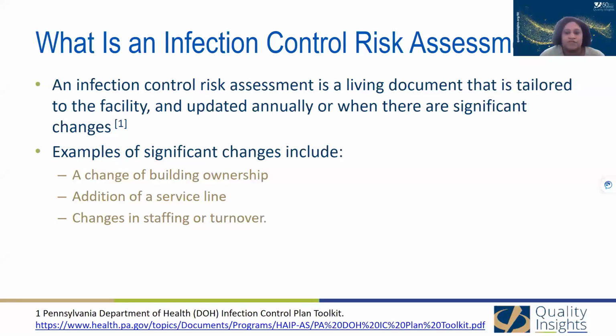So the infection control risk assessment is a living document within your infection control program that is tailored to your facility. It's updated annually or whenever there's a significant change. Examples of significant changes include a change of building ownership, an addition of a service line, or any changes in staffing or turnover.